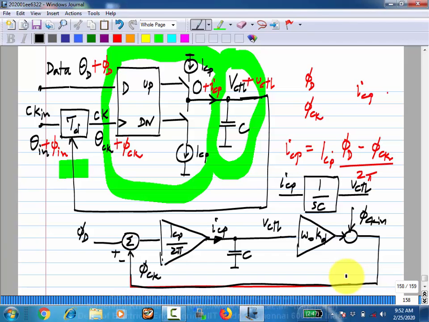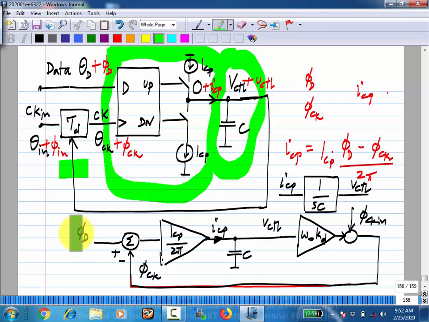Now from this, what is the relevant quantity about whether the clock is in the correct position? It is phi d minus phi Ck, right? This incremental phi d minus phi Ck should be 0. That means that the clock is in the correct position, in the same position as the ideal operating point.